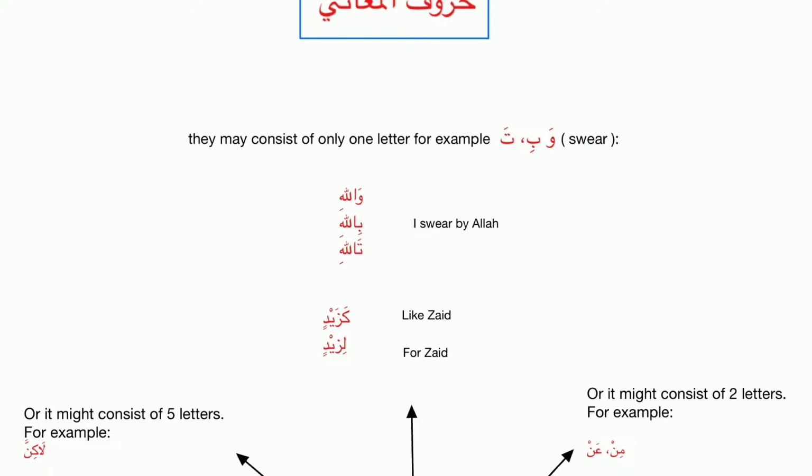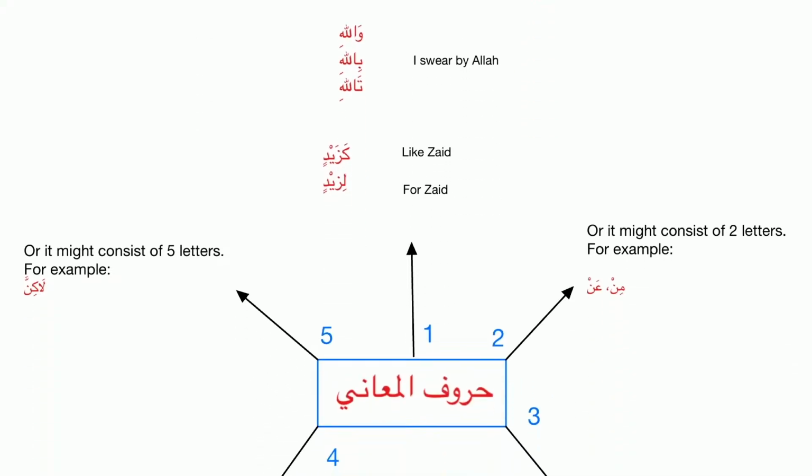So the third type of kalima, the harf, can have only one letter and have full-fledged meaning. Or, for example, kaf, called kaf for tashbih: ka Zaydin, like Zayd. Or li Zaydin, for Zayd. So the conclusion is that huruf al-ma'ani can have only one letter.